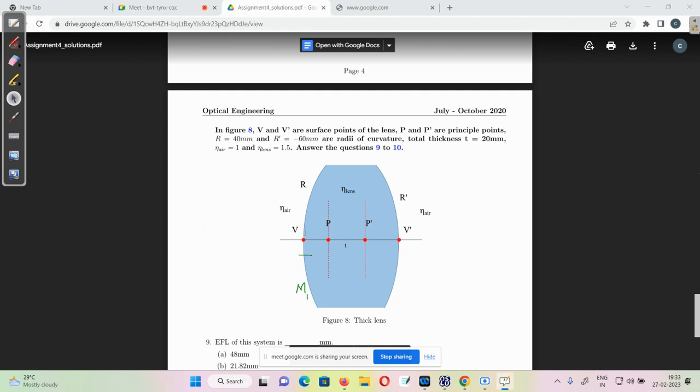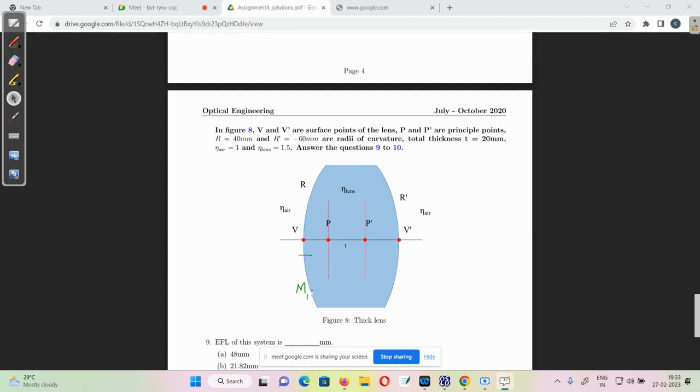Then you will get a particular value for this m1. Then there is a transfer in a particular medium having a thickness of 20 millimeter, so you will get a second matrix, m2. Then there is a third matrix, m3.